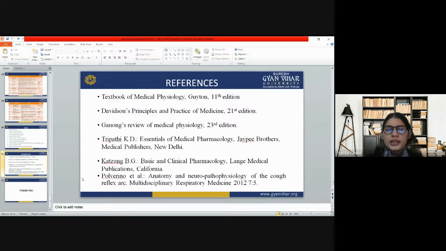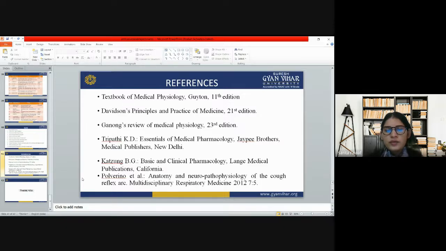This book is very easily available, so you must have this book to know about the details of pharmacology. Then I have also followed Basic and Clinical Pharmacology by Katzung.